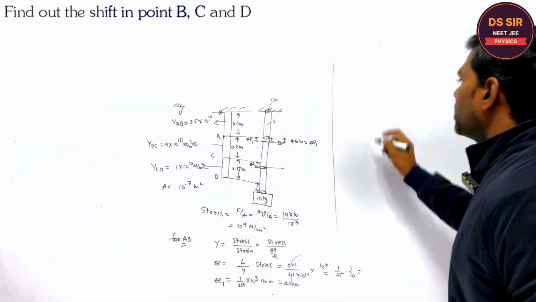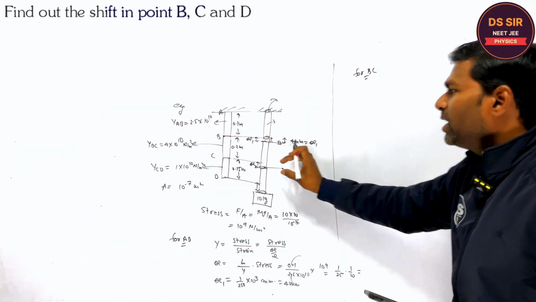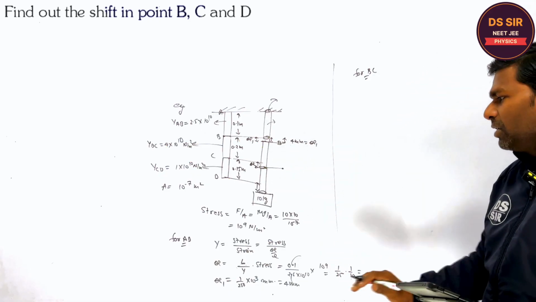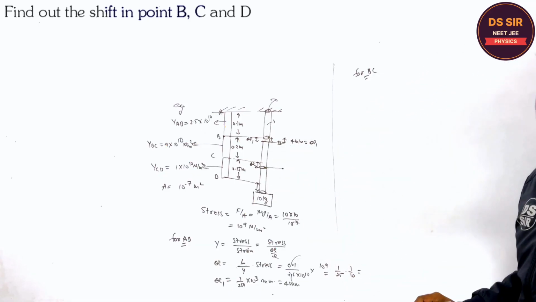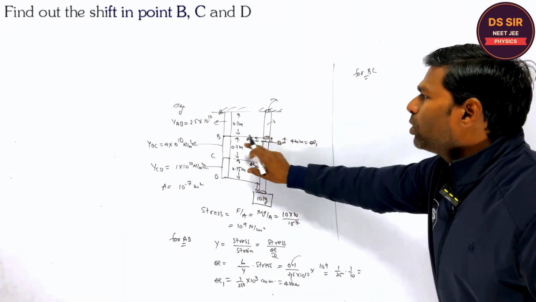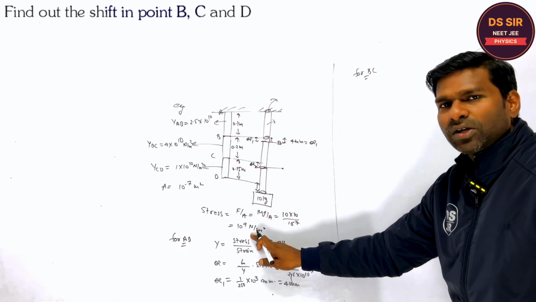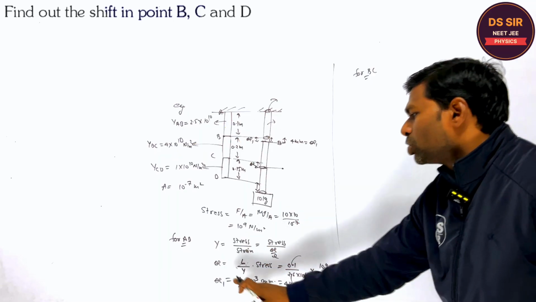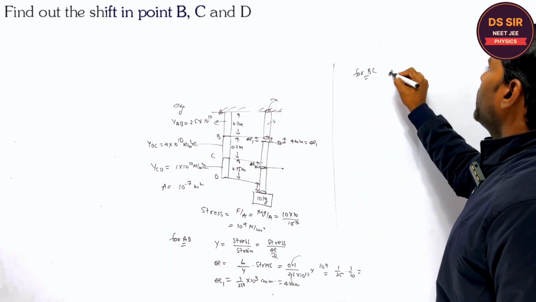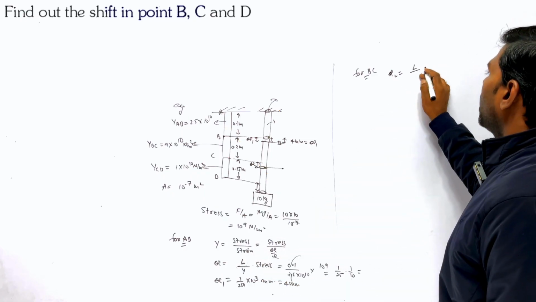Look at the figure. For BC, we have to find delta L2. First copy this, then I will explain, otherwise you will be confused. Now find the elongation in this part BC, because it is under the stress of 10 to the power 9 Newton per meter square.